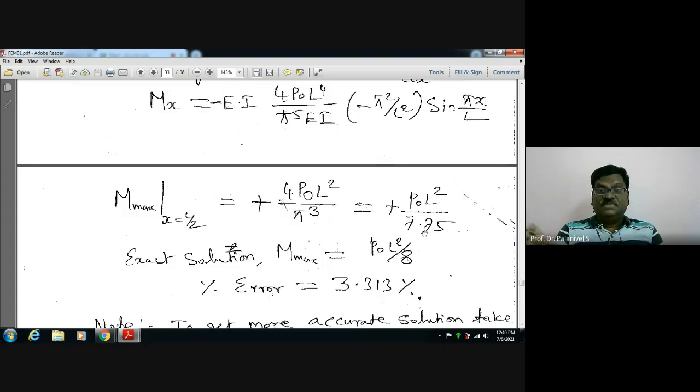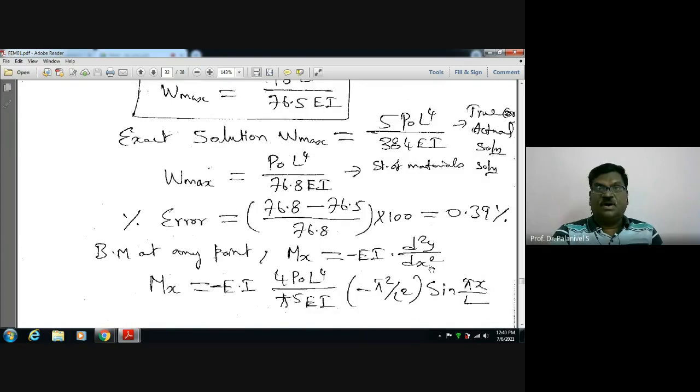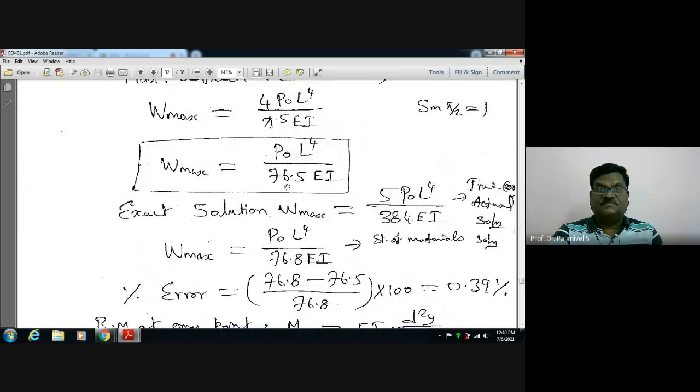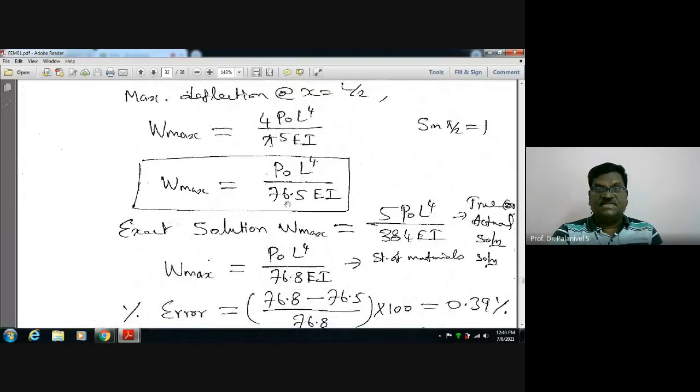If I do it with the two-term or three-term approximation, definitely I will get P L square by 8, very close to 8, 7.9 something. Here also, instead of 76.5, I would have got nearly 76.79, nearly 76.8, if I had gone for a two-term approximation. I hope you will understand.